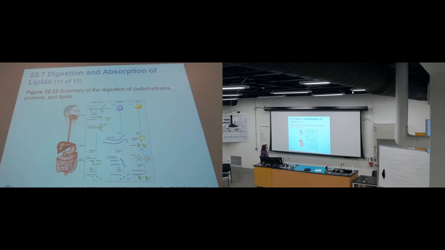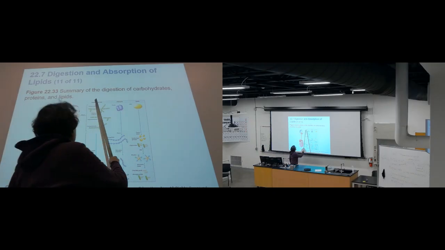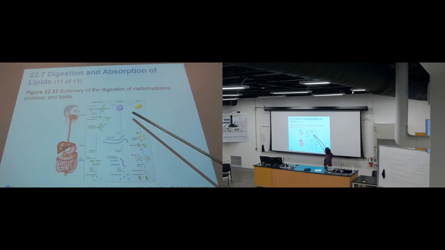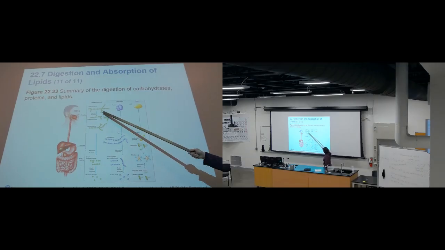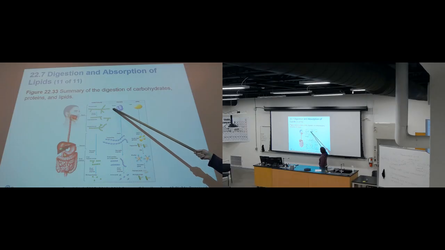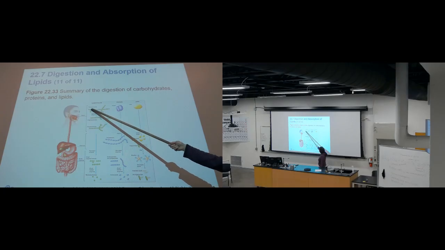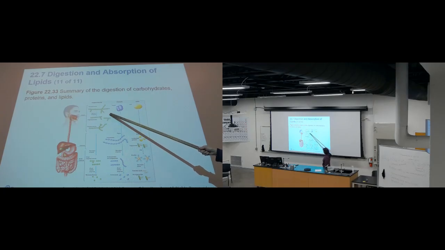So then what digests these carbohydrates? Well, it will be your amylase enzyme that breaks down, in this case, starch molecules. Like if you ingest corn or potatoes, they are rich in starch, so these are the long polymers of glucose.